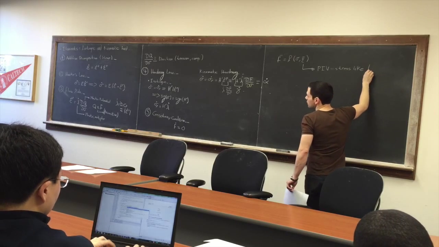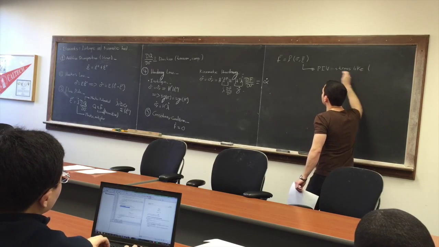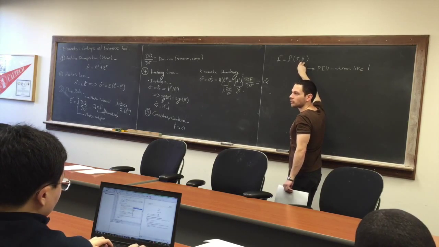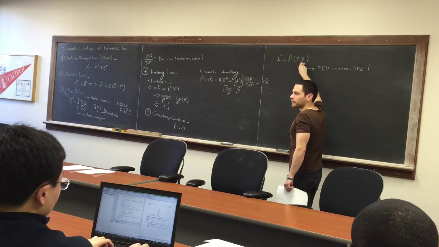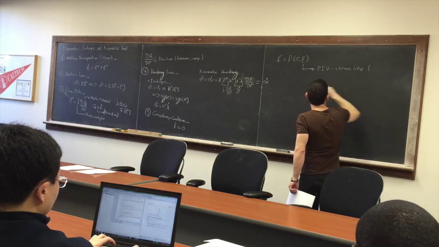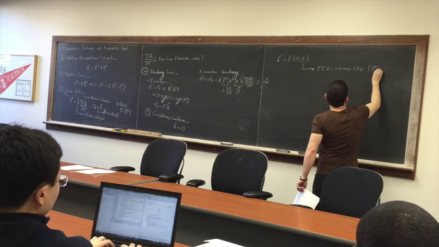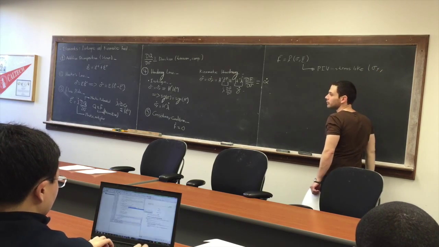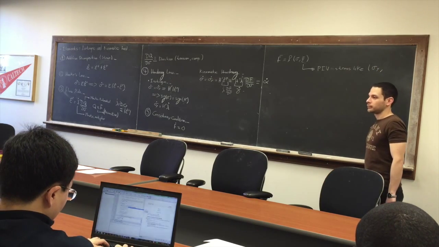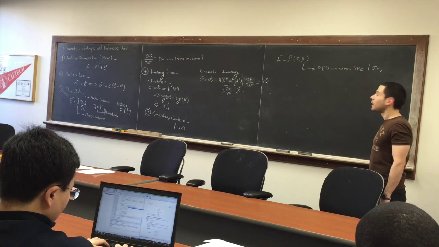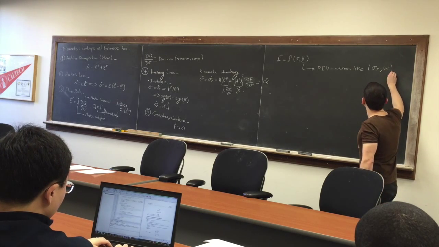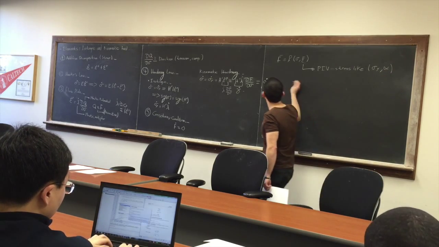So for instance, in the case of isotropic hardening, which is this one? Sigma y. And for kinematic hardening, alpha. Right?